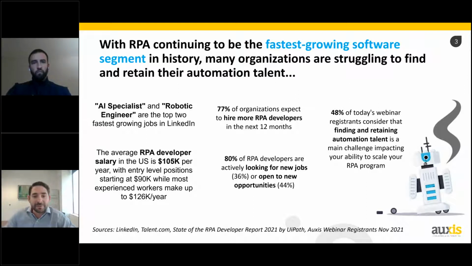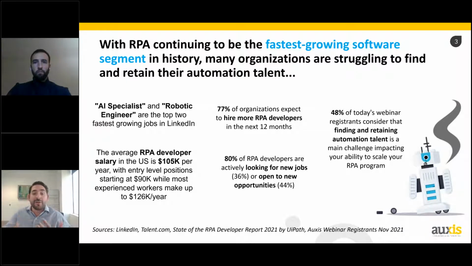Then you have other metrics such as 80% of RPA developers are willing to jump ship into a new opportunity right away, and 36% of all of them are really actively looking for new opportunities, which creates a lot of pressure for COEs to keep and maintain talent. We're also seeing costs of developers really start to rise, with the average RPA developer seeking $105,000 a year.